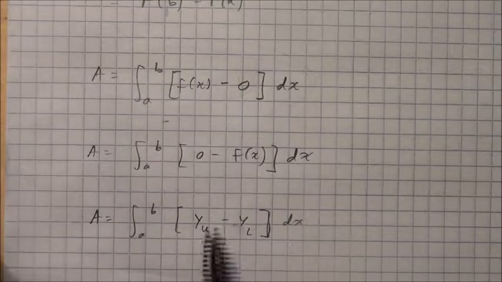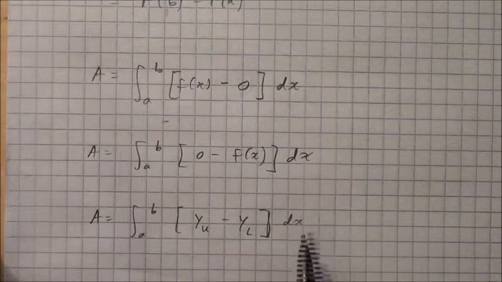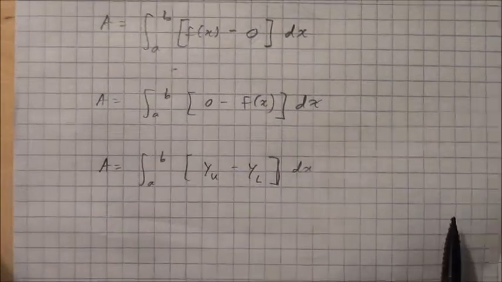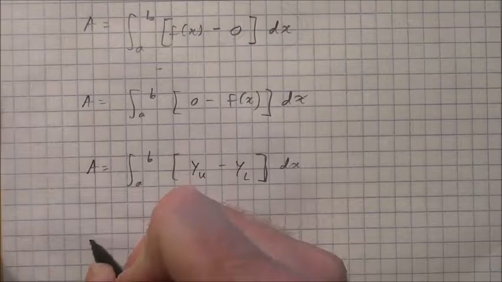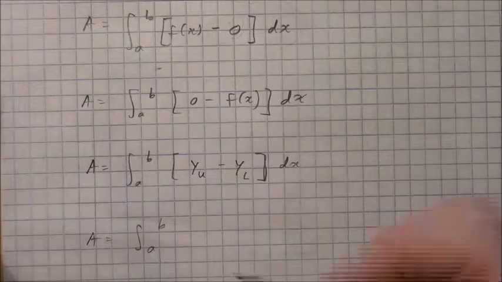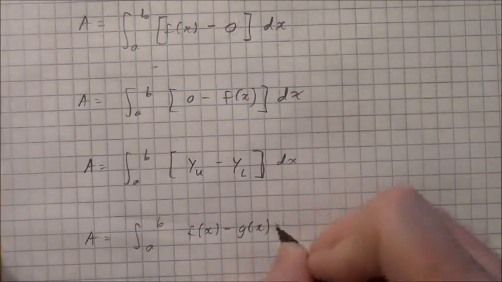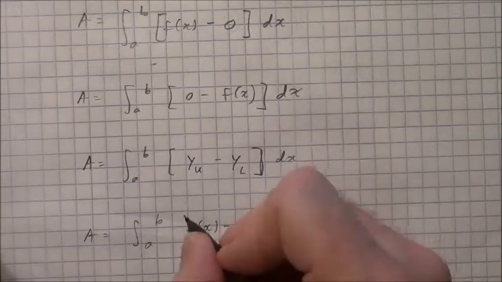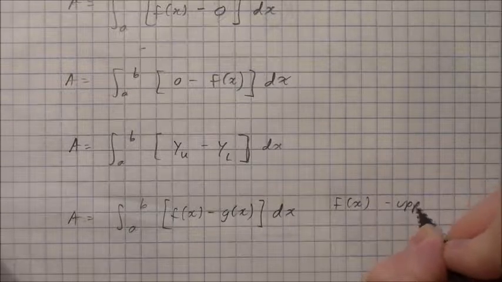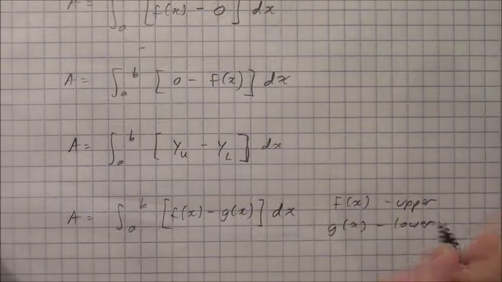We're going to have the two functions, subtract them, and then evaluate that difference with respect to x. In function notation, the area between two functions would be the integral of f of x minus g of x, where f of x is the upper function and g of x is the lower function.